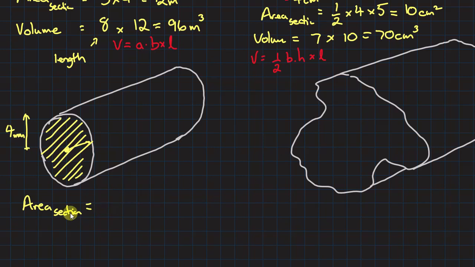So the area of the cross section is pi times the 4 millimeters on the center squared. Remember, area of a circle, pi r squared sounds like area to me. Yes, I will be annoying with that song. Now I need a calculator to do it.